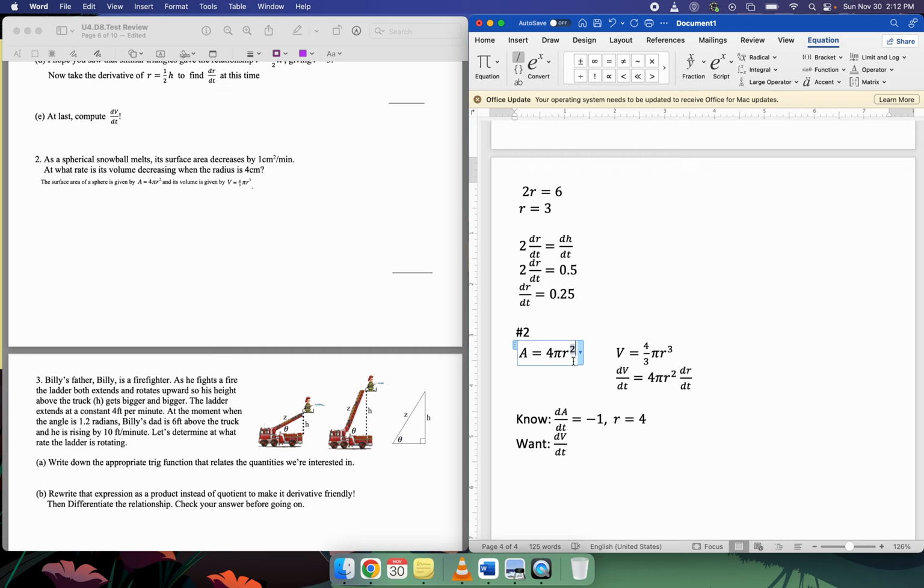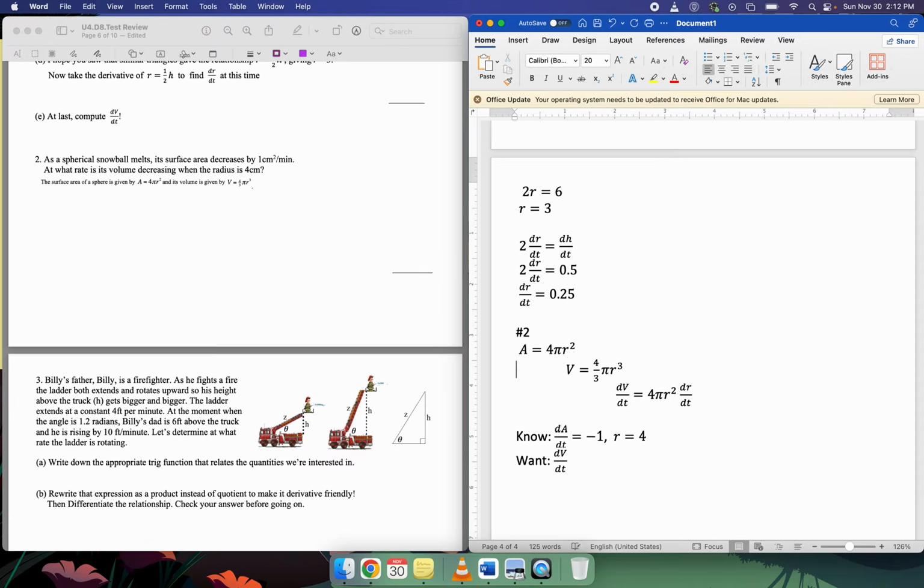dr/dt does not appear in this equation, so to get an equation involving dr/dt, I have to take the derivative of this one. So let's take the derivative of the surface area equation. What would that give me?